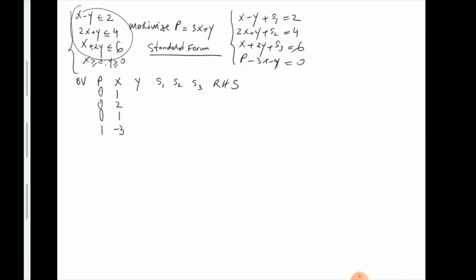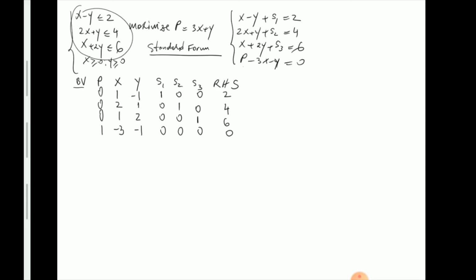Don't forget, make sure you don't miss any of these coefficients. Coefficients of Y: minus 1, 1, 2, and minus 1. And then the slack variables. S1 in the first equation, no S1 on the other ones. S2 only in the second equation, S3 only in the third equation. And then the column of the right-hand side: 2, 4, 6, and 0.